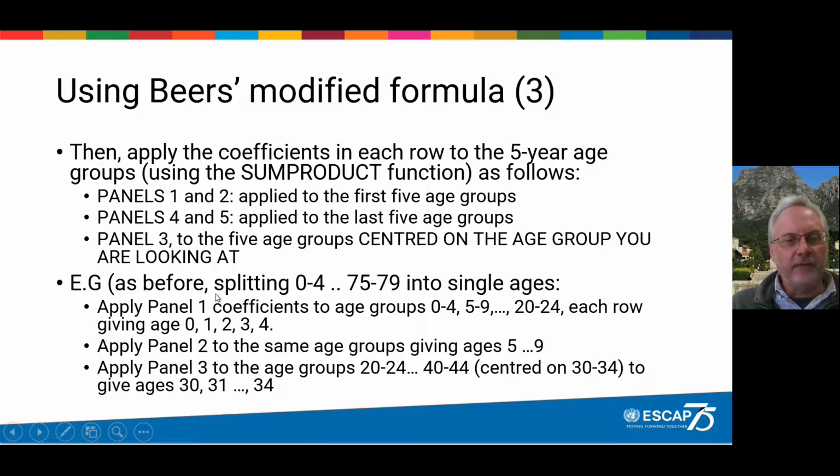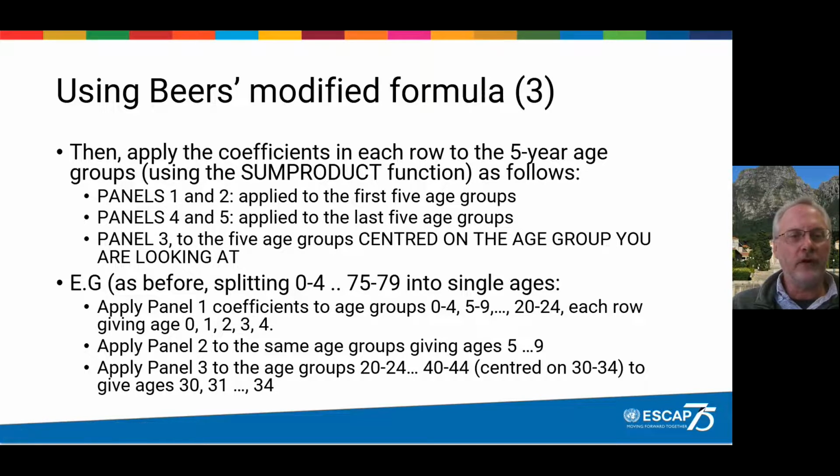So, as before, if we wanted to split the data given to us in age groups from 0 to 4 up to 75 to 79 into single ages, we'd apply the panel 1 coefficients to age group 0 to 4, 5 to 9, up to 20 to 24, and each row of the panel coefficients will give us the estimate for the population at age 0, 1, 2, 3, and 4.